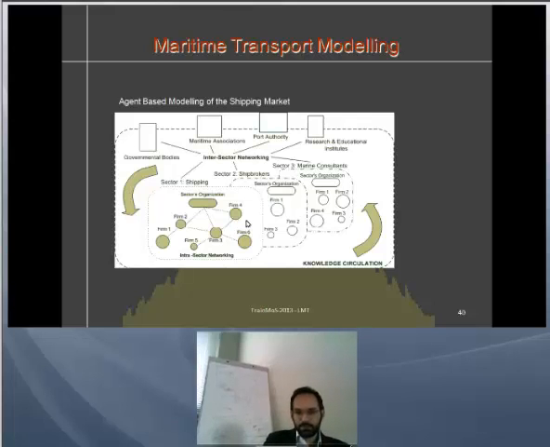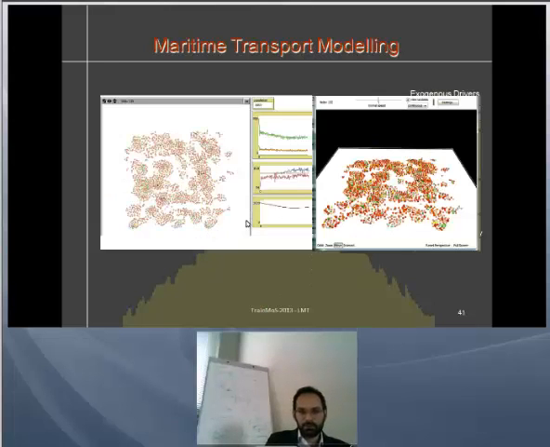An example of this we can see in this picture. So this is a general model based on the previous graph, where each agent is actually representing a firm. Different colors are for different sectors. So let's say the red agents are the ship operators.